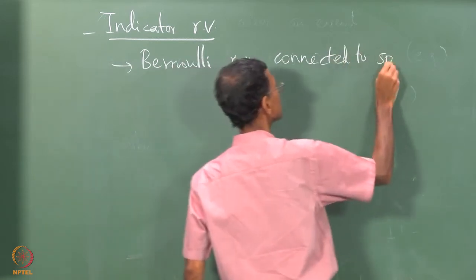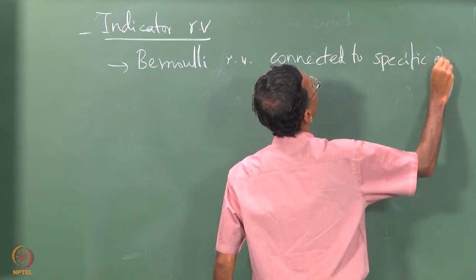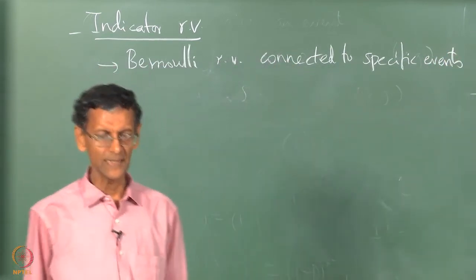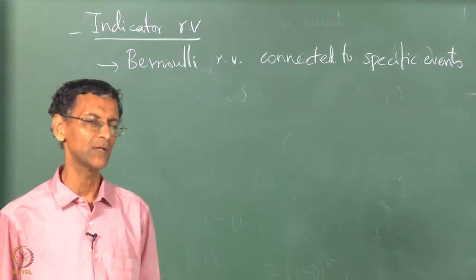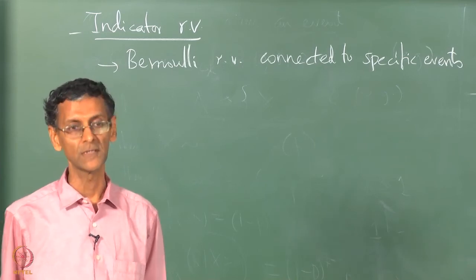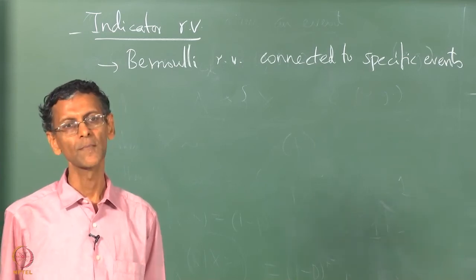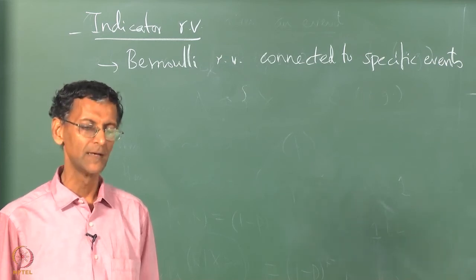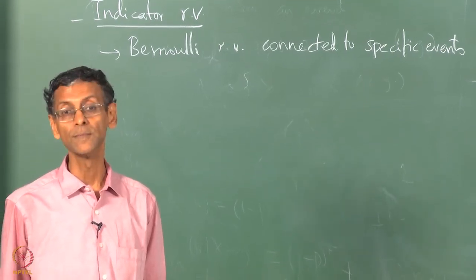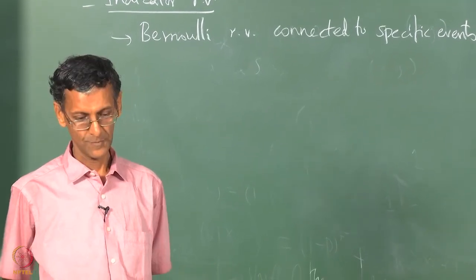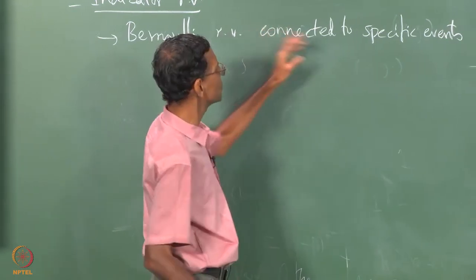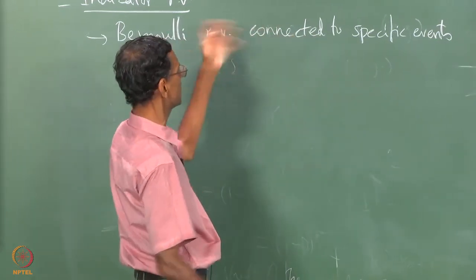These allow you to convert an event into a random variable essentially. Very simple. Instead of saying the event A has occurred or not, you say the indicator is 1 or 0.